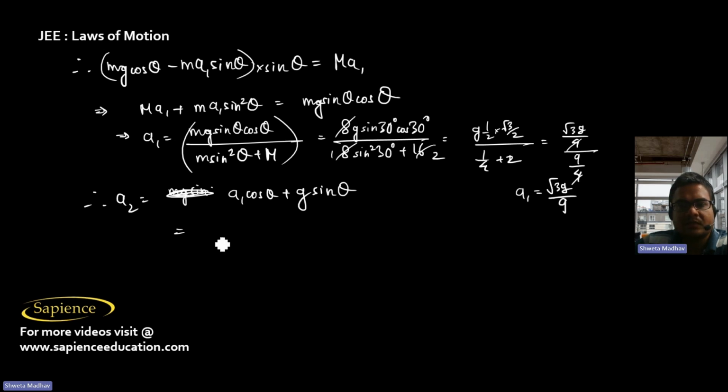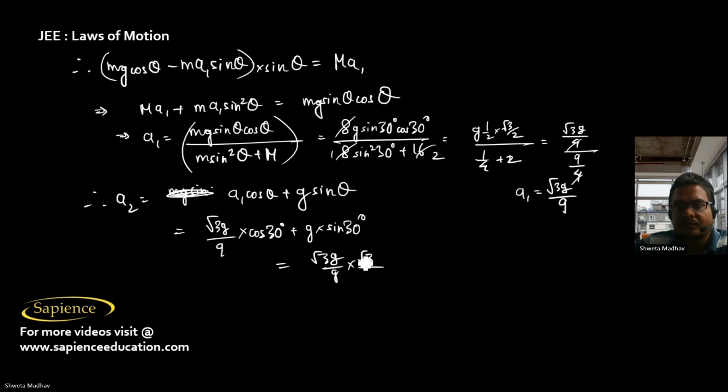This is a1. So a2 is root 3g by 9 into cos 30 degree plus g into sin 30 degree. So this will be root 3g by 9 into root 3 by 2 plus g into half. This is 9, so 3 3 is 9.